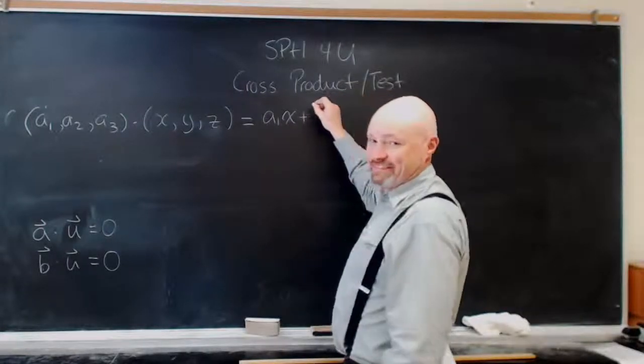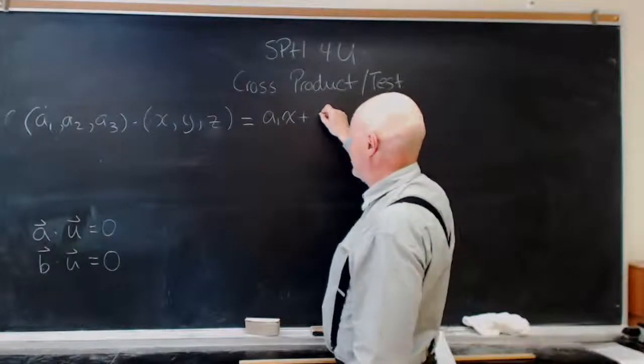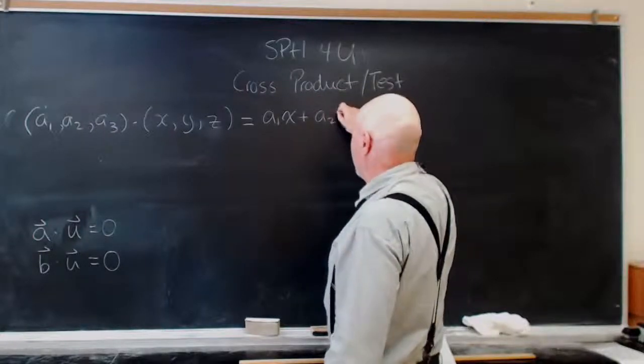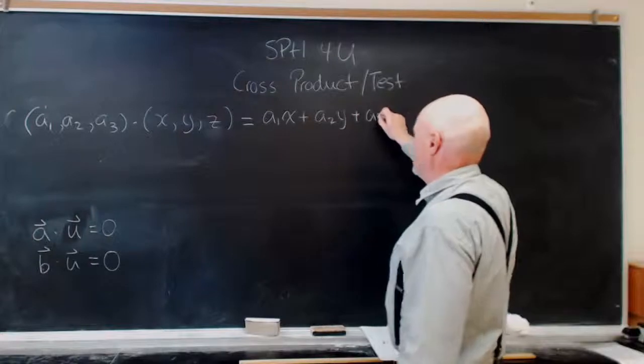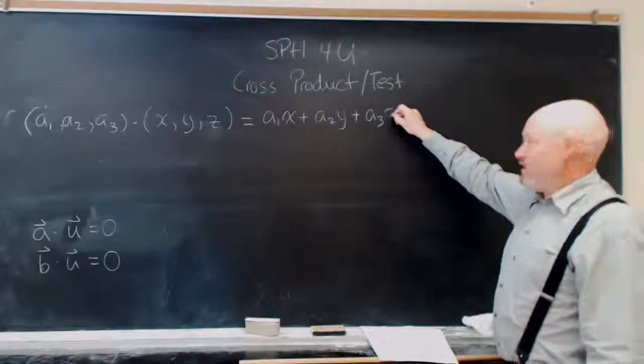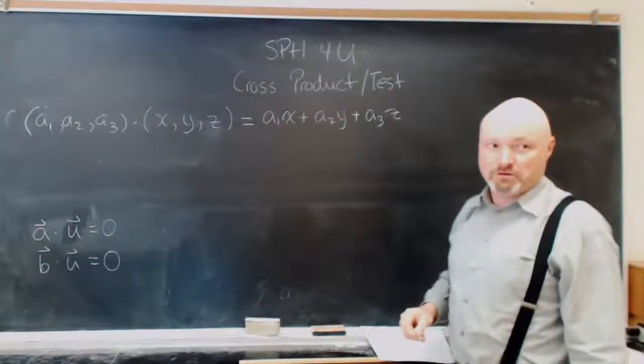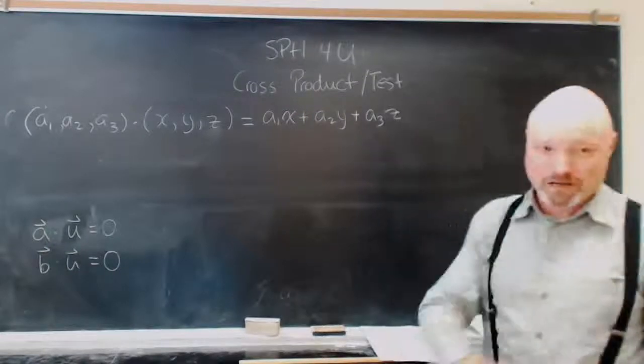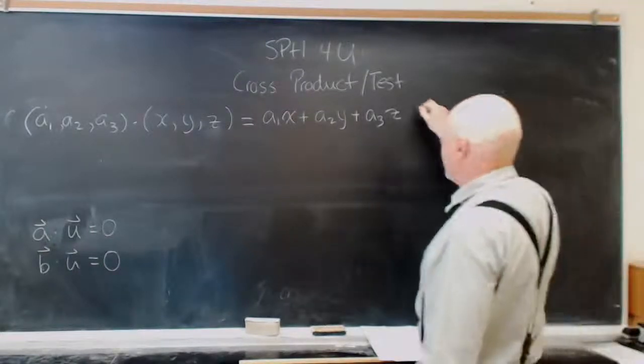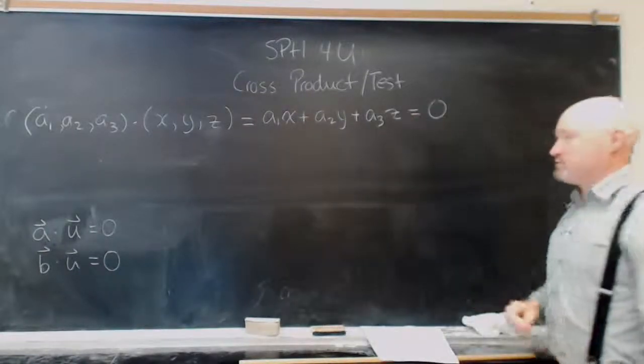A2 and y. And Mark, our grade 9 student of the day, has just beaten RJ to the punch. Yes, it's a3 times z, and that's equal to 0.